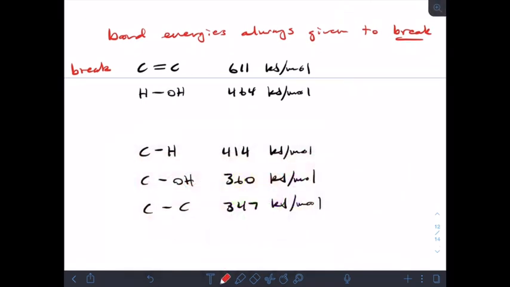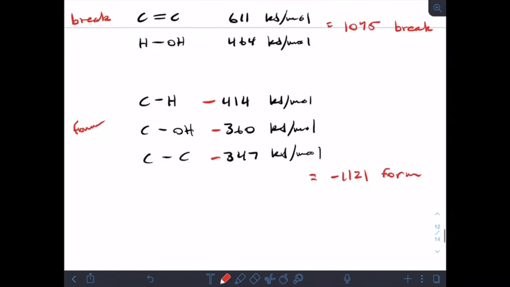So to form those bonds, I need to make these negative. Remember, delta H for the opposite process is the same value but opposite in sign. So when I total these up, I get 1,075 to break. And over here I get negative 1121 to form.